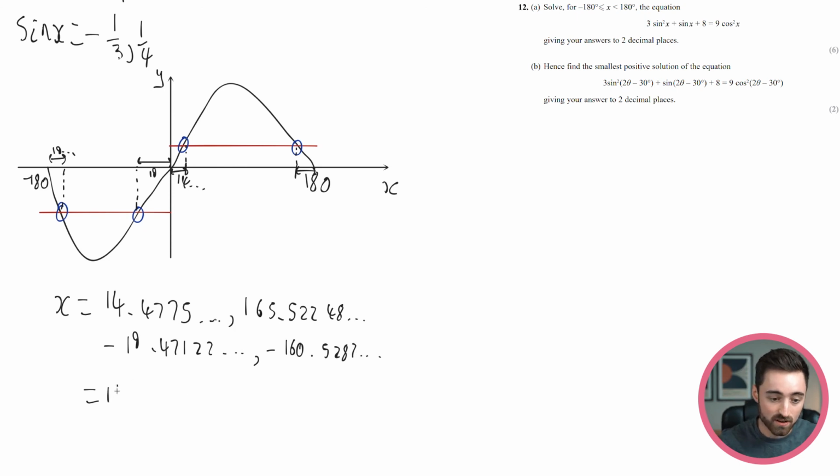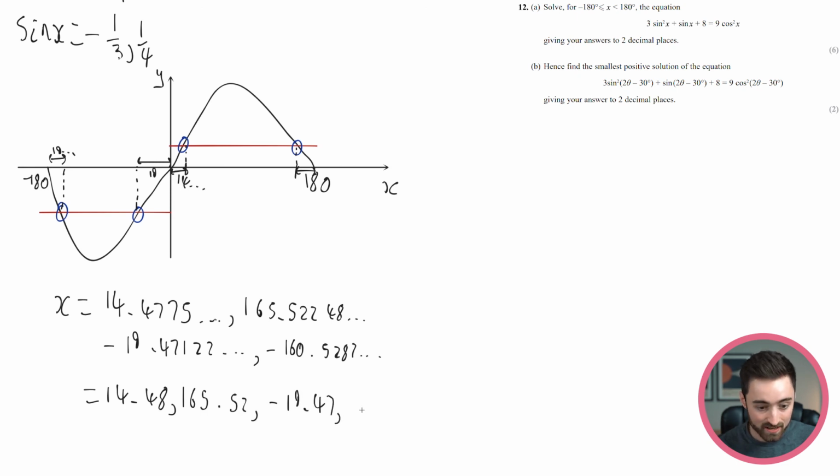So I'm going to get 14.48, 165.52, minus 19.47, and minus 160.53. Fantastic. Bit of a big old question there.